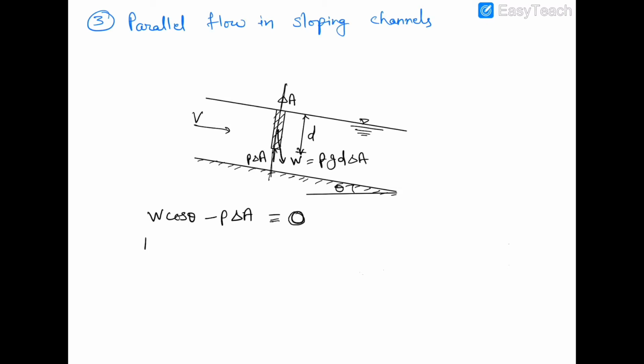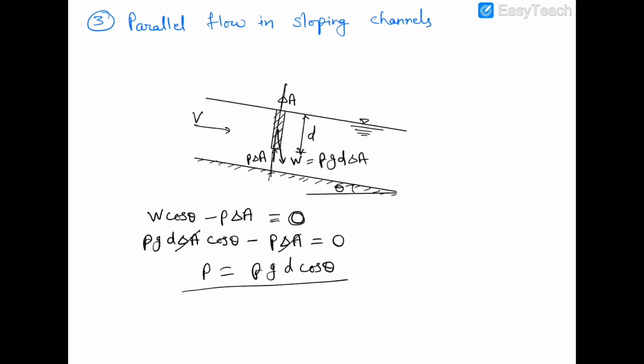Substitute the value of W: rho g d delta A cos theta minus P delta A is equal to 0. So delta A will be cancelled. P is equal to rho g d cos theta.